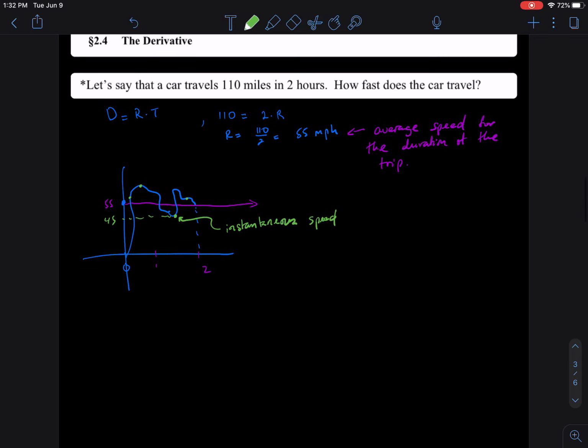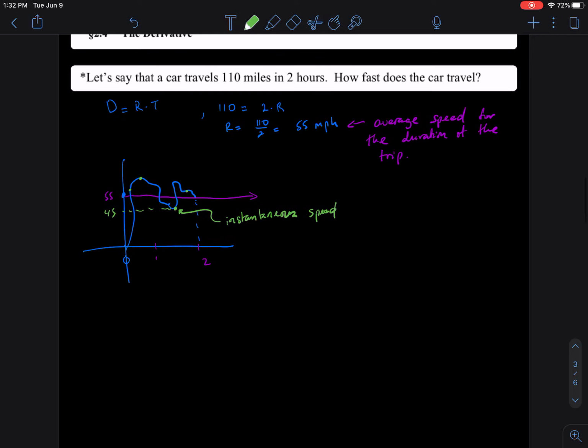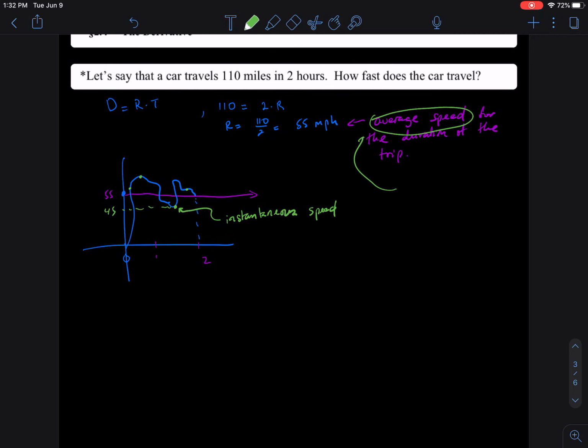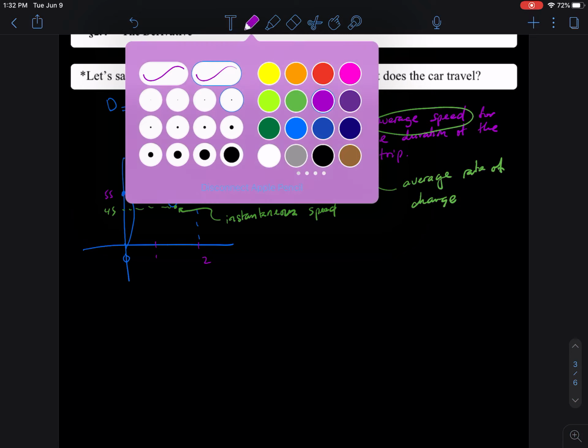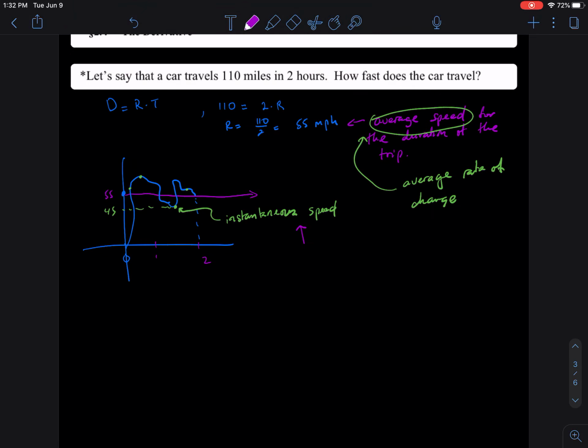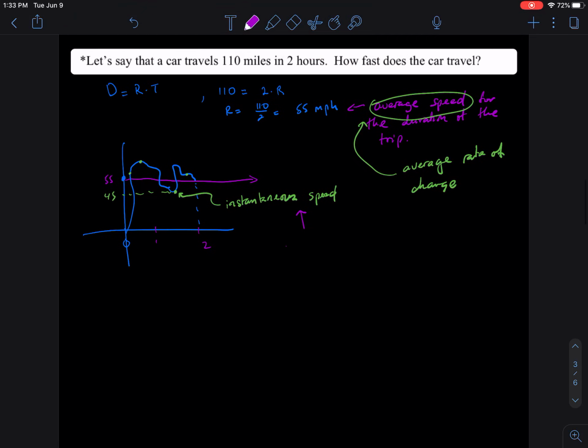So let's talk about the formula to calculate the average speed first, because we need that formula to introduce the instantaneous speed. Another word for average speed is the average rate of change, and the instantaneous speed is just the instantaneous rate of change.